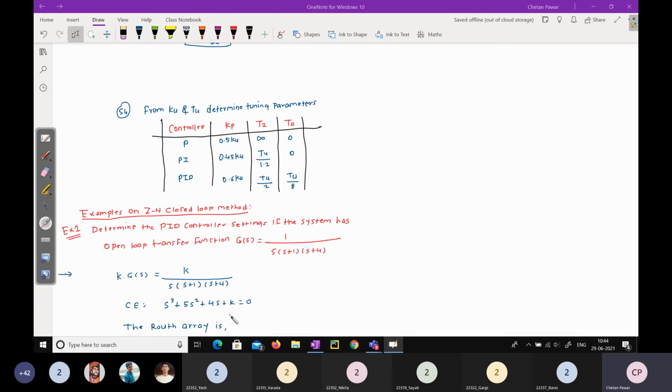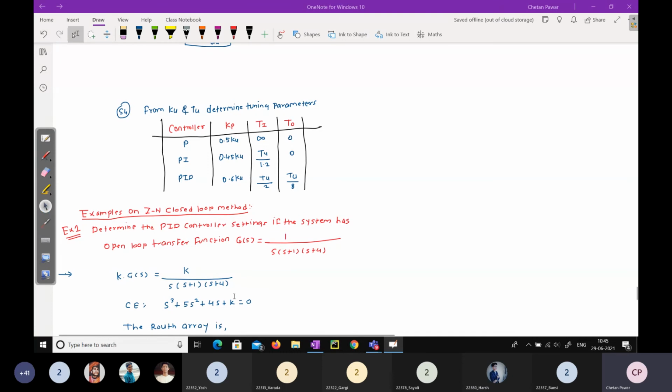How to find out K marginal? It is the value of K at which the system becomes marginally stable. Can anyone tell me this value? 20. Yes, K marginal will be 20.